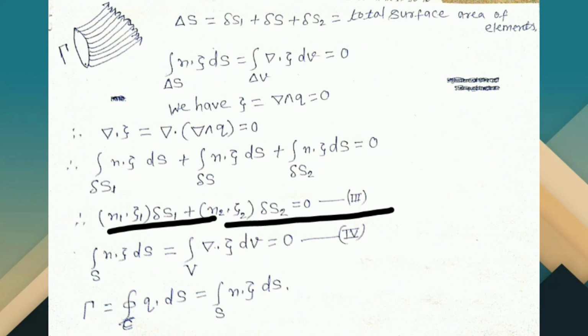Now suppose S is any closed surface containing a volume V, then we get this equation: integration over S of n dot zeta ds is equal to integration over V of del dot zeta dv is equal to 0. This is equation 4.